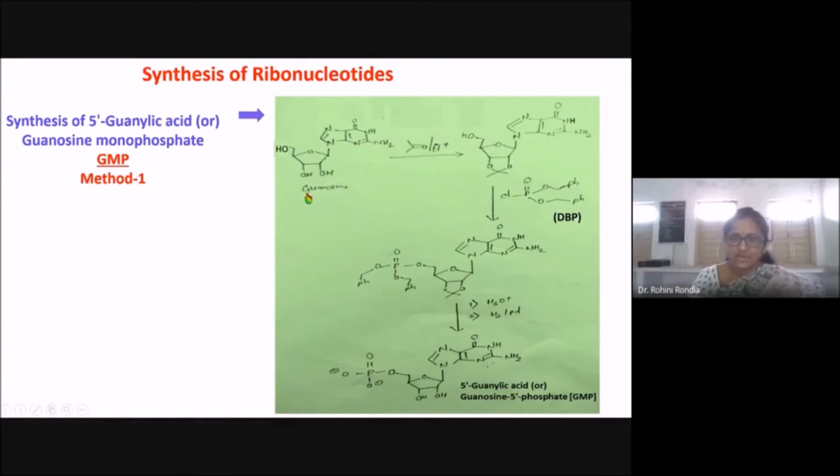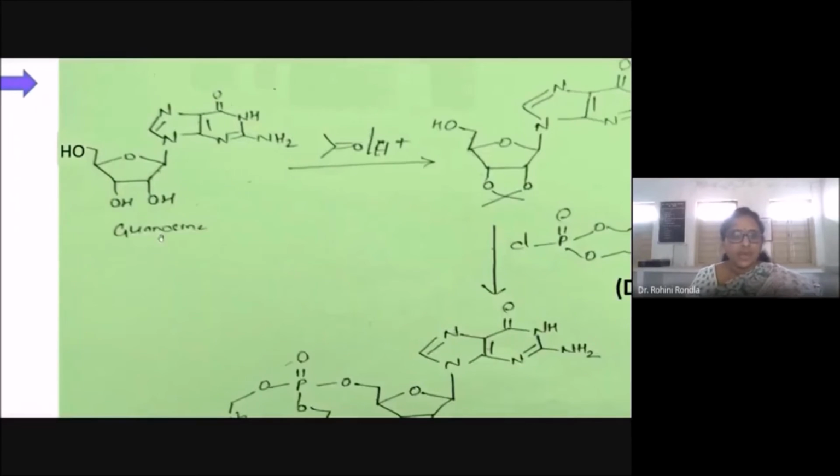So take guanosine first, the guanosine nucleoside. And what should we do, tell me? The first step is protection of these secondary hydroxyl groups. Remember I told you earlier. So for guanosine, protection of these hydroxyl groups. What will we add? To protect these hydroxyl groups, we should add acetone. Very good.